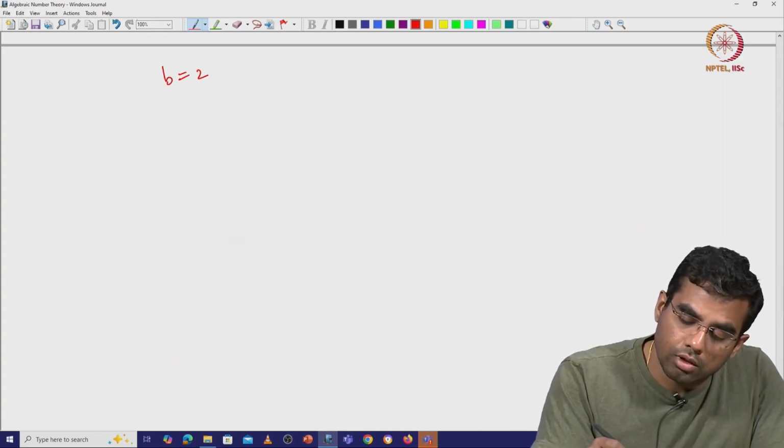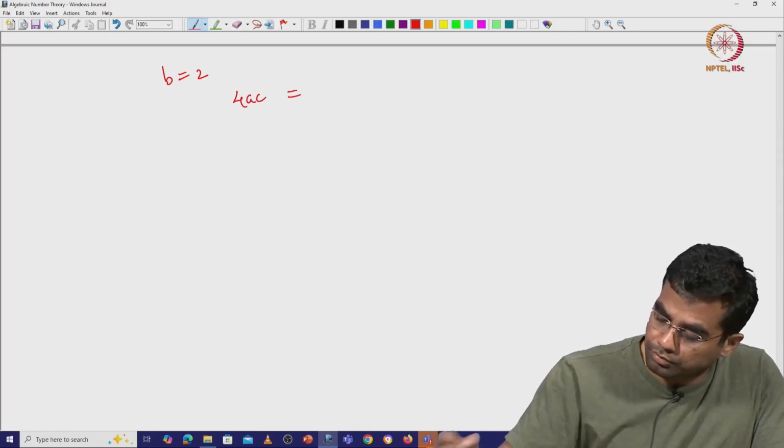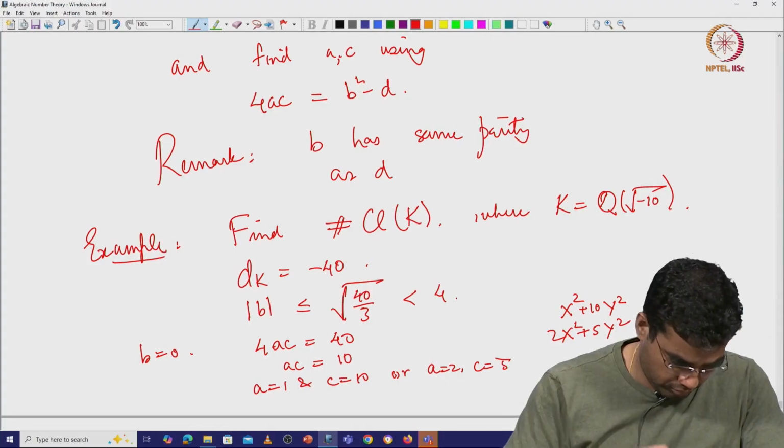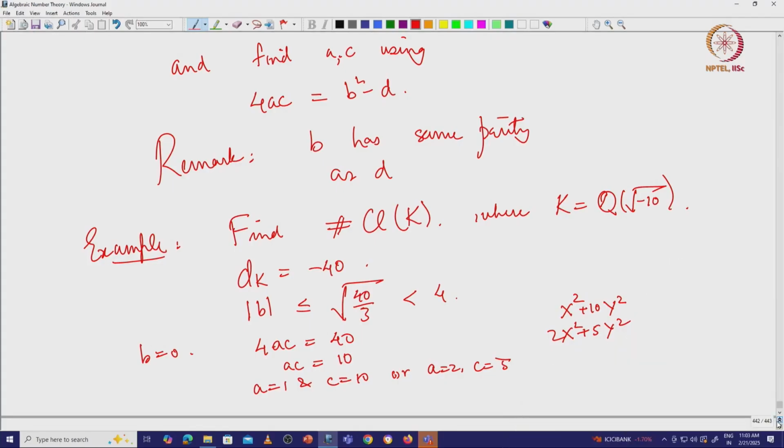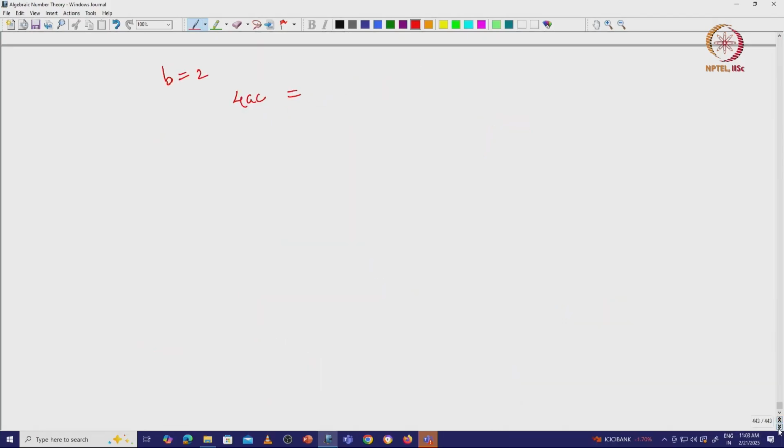Then you want to solve 4ac is equal to 44, so a times c is equal to 11, which means that a is equal to 1 and c is equal to 11.